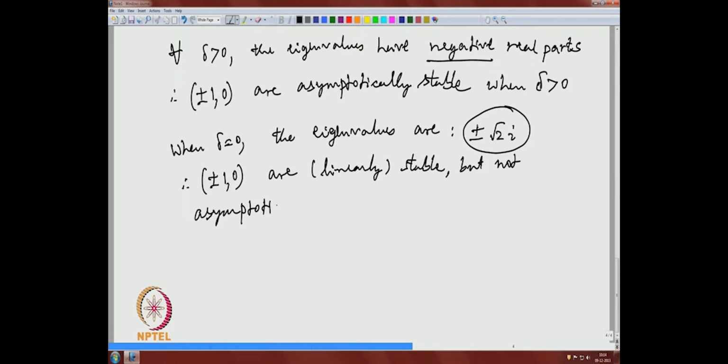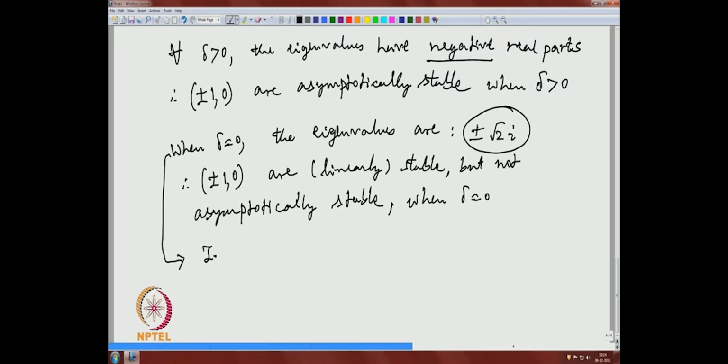So, this is again from the linear theory when delta is 0.